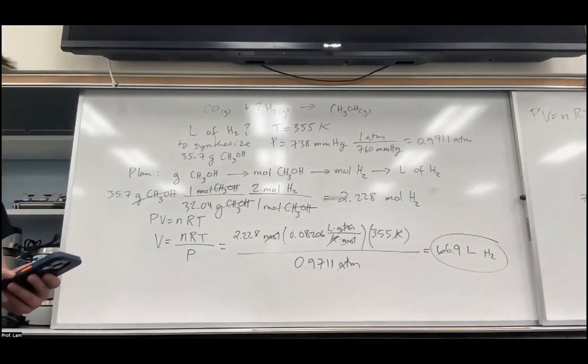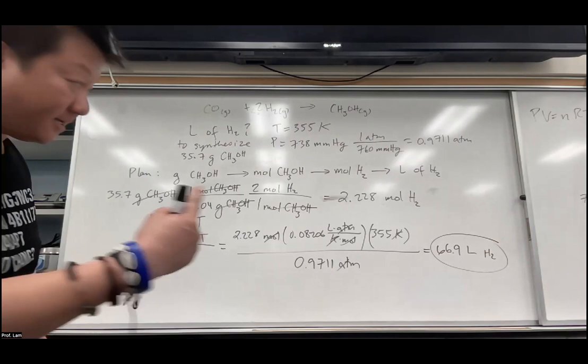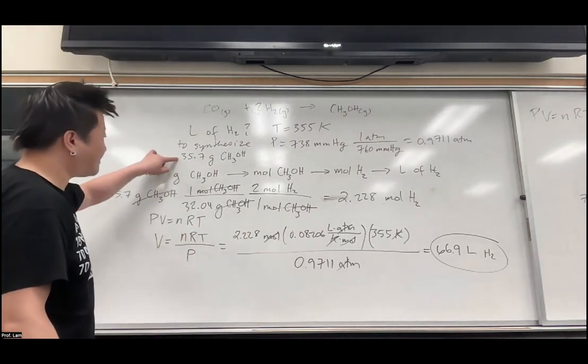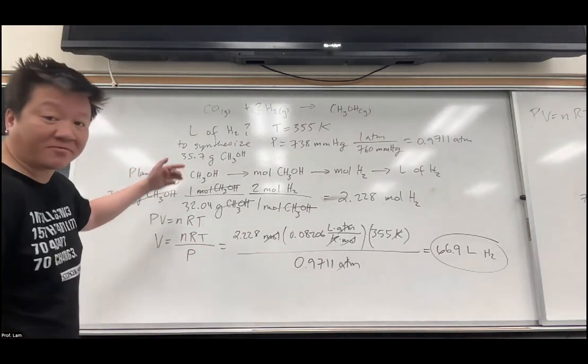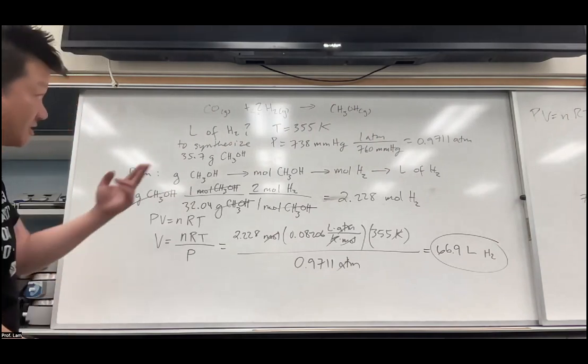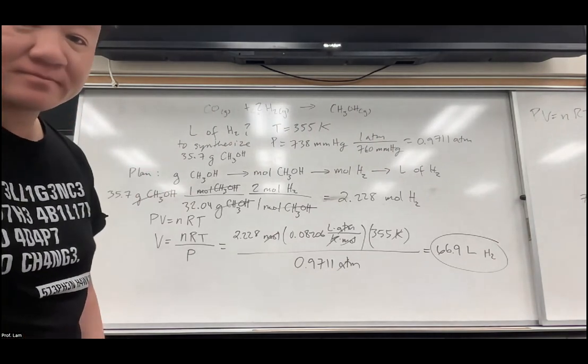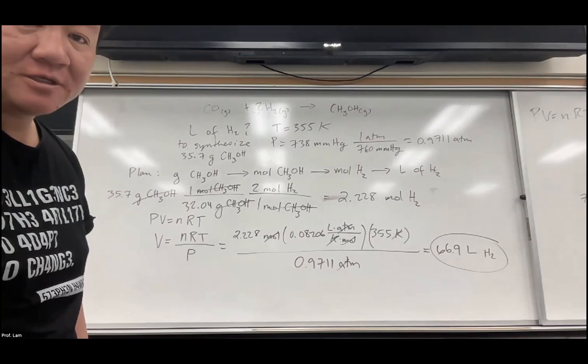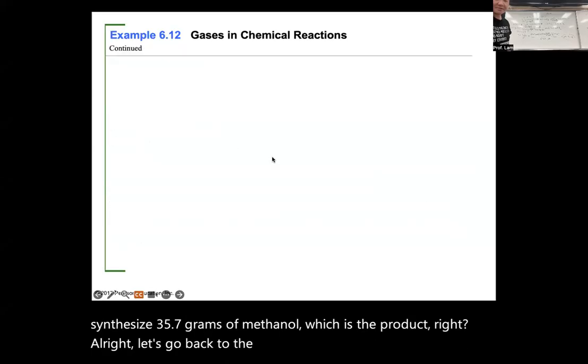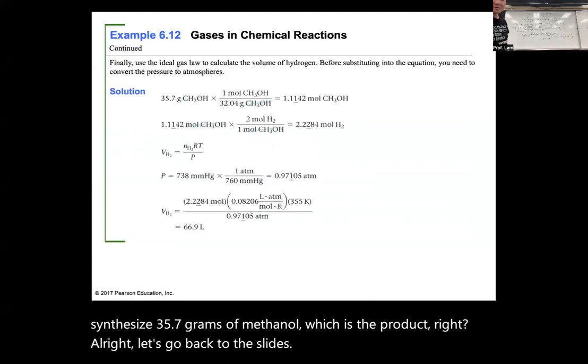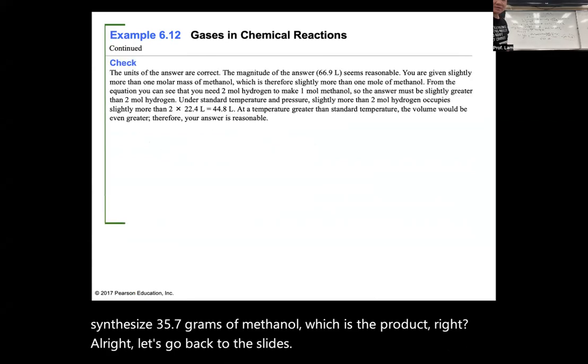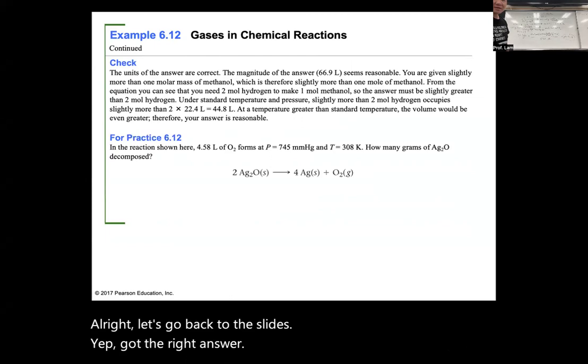So we're saying 66.9 liters of H2 is needed in order to synthesize 35.7 grams of methanol, which is the product, right? All right, let's go back to the slides. Yep, got the right answer. Okay, let's do this one too.